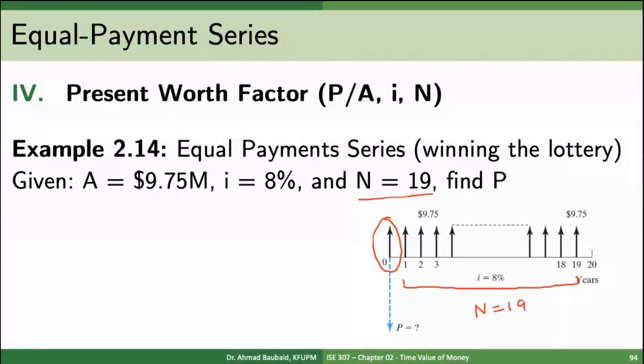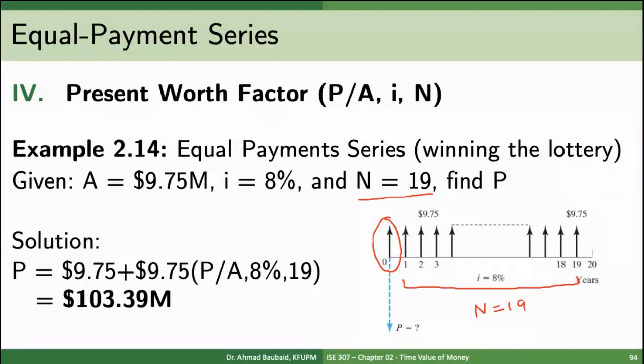I'm going to compute this, and I'm going to get a P that is here at time period 0. And then I can just add this payment to it, the 9.75 that I'm getting at time 0 anyway. And so that's what they do here. So it's 9.75, which is the one at time 0, plus the equivalent worth of the remaining 19 payments, given A, which is 9.75.